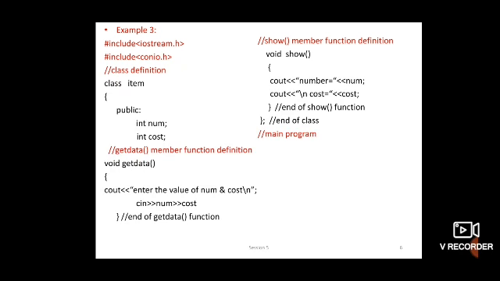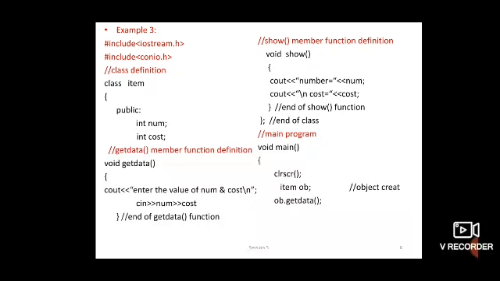Now create the main program. Main program means invoke these two member functions. Void main, in the main program create an object. Now atom is a class name, so atom ob is an object name. Now ob dot get data, first the get data function is invoked and then the show function will be invoked.